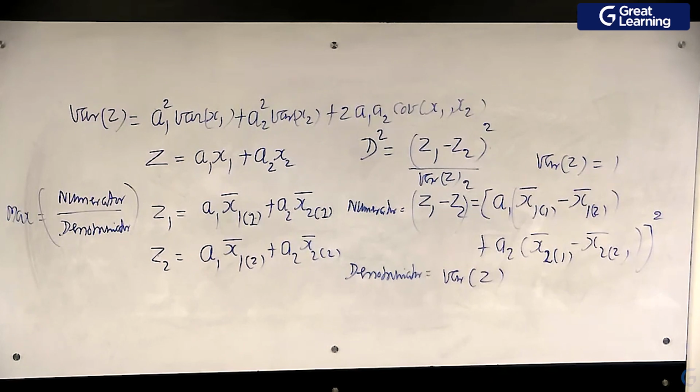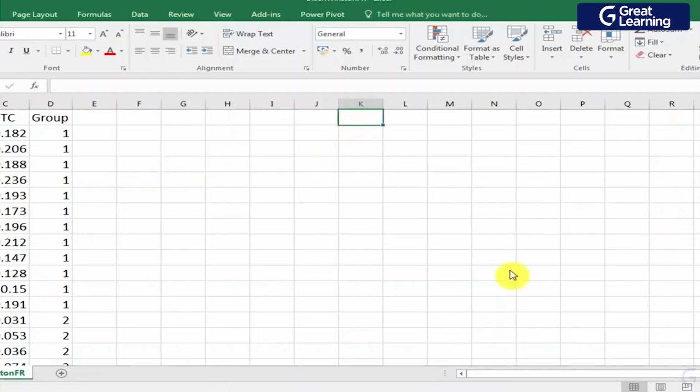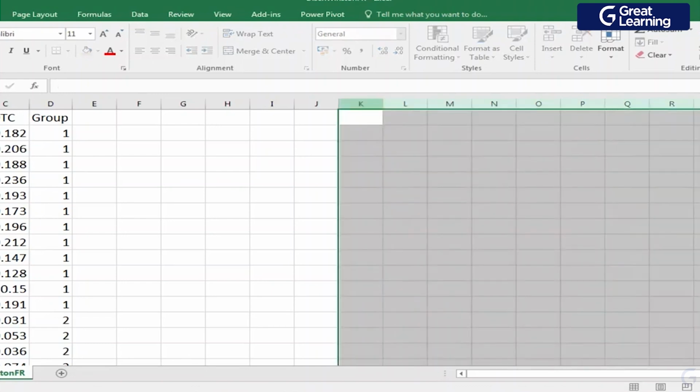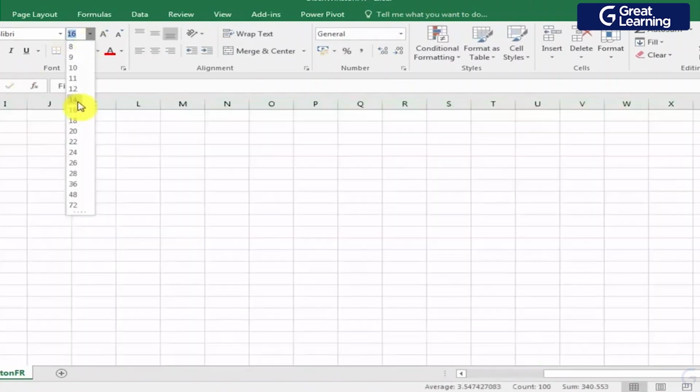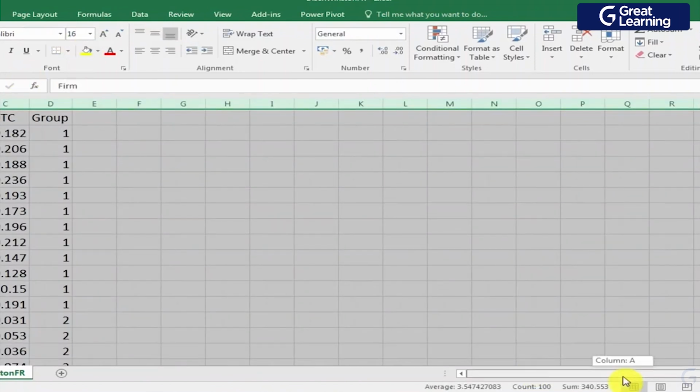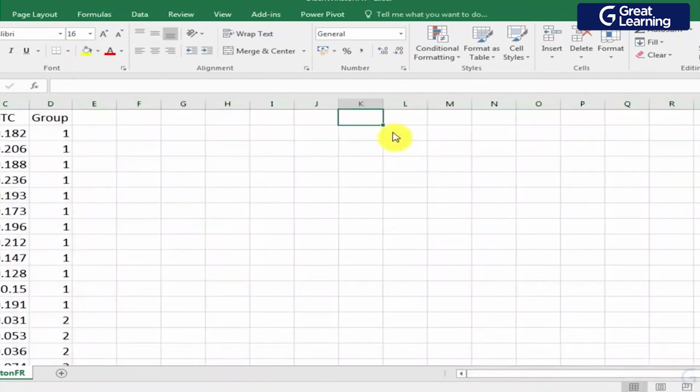So, let me create something here, a little, maybe A1. Let me put a font size here also. Let me be generous, 16. Let me start here. A1, A2.